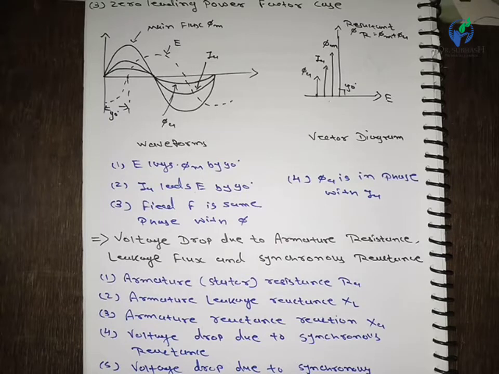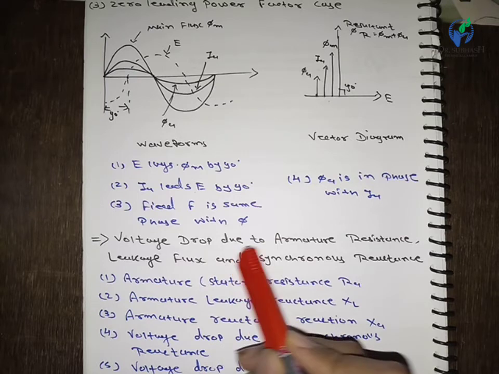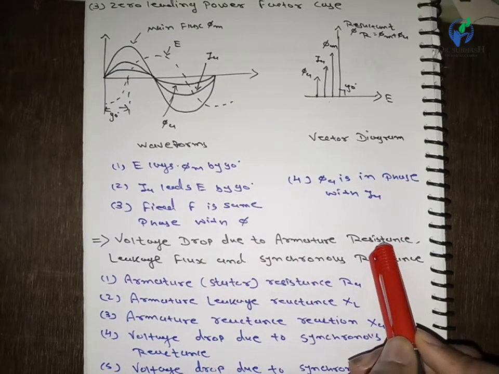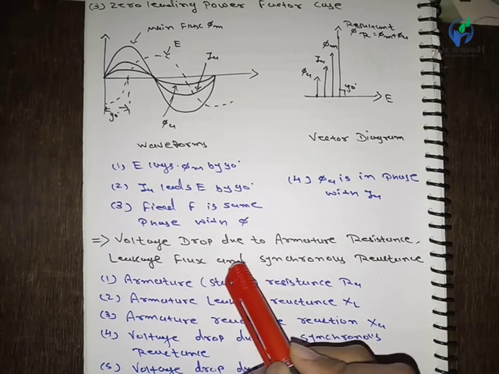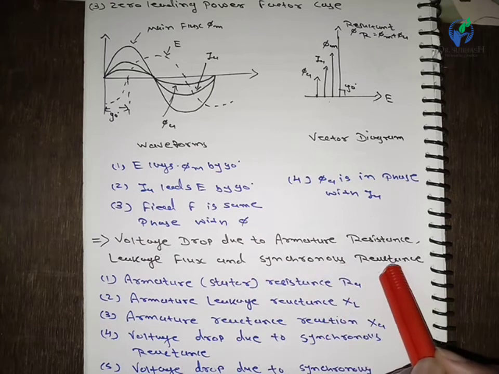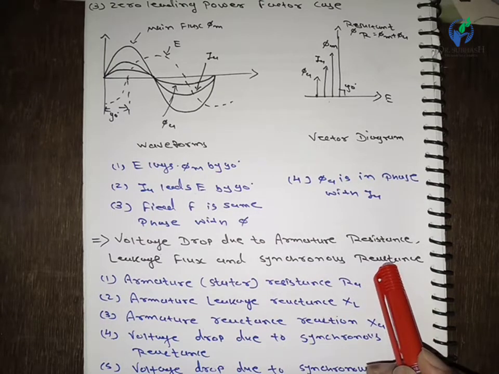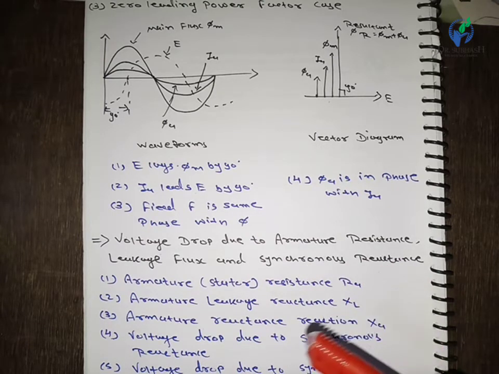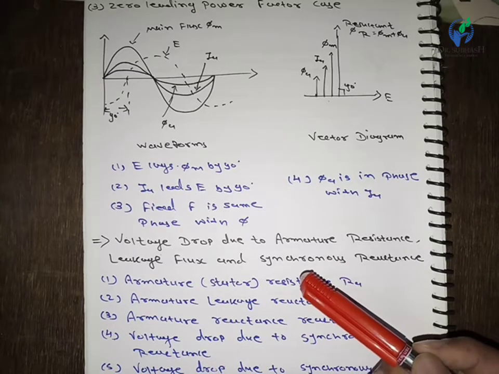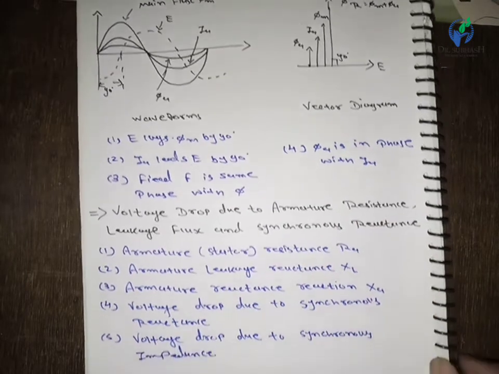Now we take the next point: voltage drop due to the armature resistance, leakage flux and synchronous reactance. This voltage drop depends on five factors.